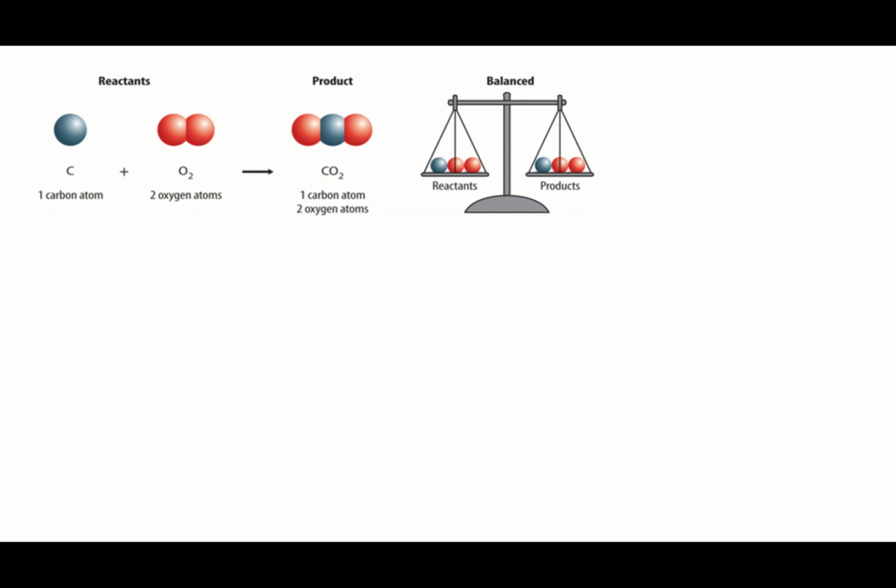So if we were to write down the word equation, we would say carbon plus oxygen produces, the arrow shows it produces, never say equals. I see many students saying that or writing that down, carbon dioxide. Okay, now there's your word equation.